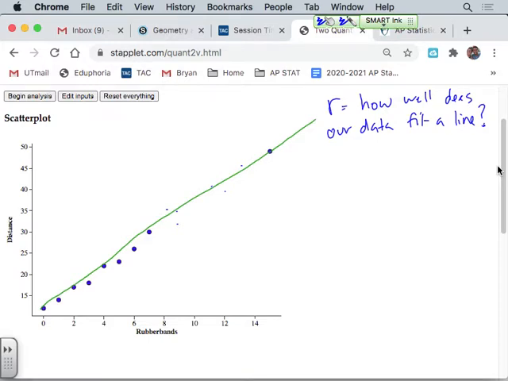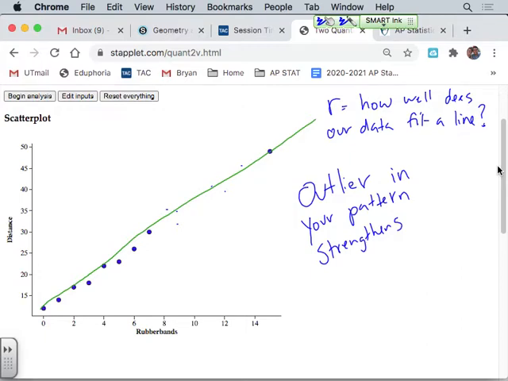So kind of the thing here is you can have an outlier in your pattern that actually strengthens your correlation.